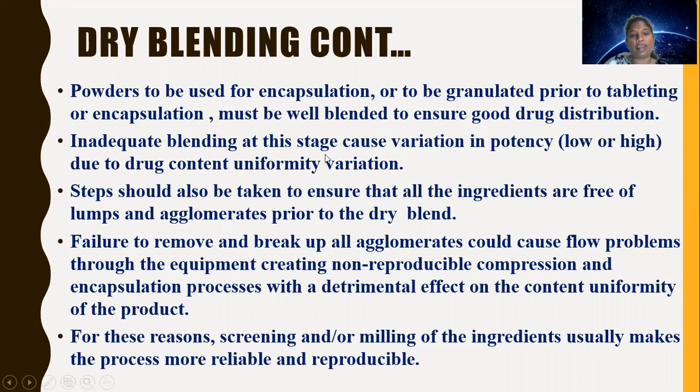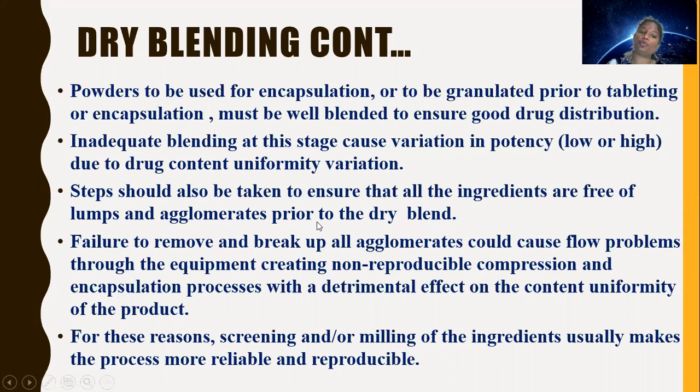Inadequate blending at this stage causes variation in potency. So it should not be blended too little or too much, otherwise it leads to non-uniform content. Drug content will be decreased or increased. So steps should be taken to ensure that all ingredients are free from lumps and agglomerates prior to the dry blend.